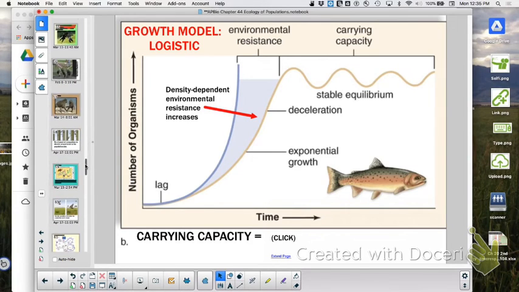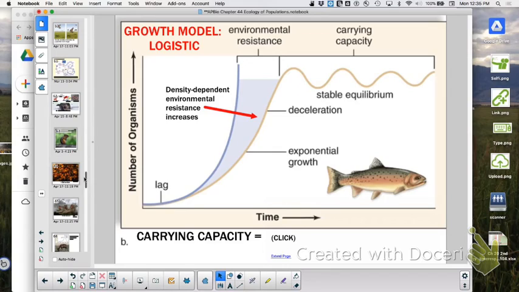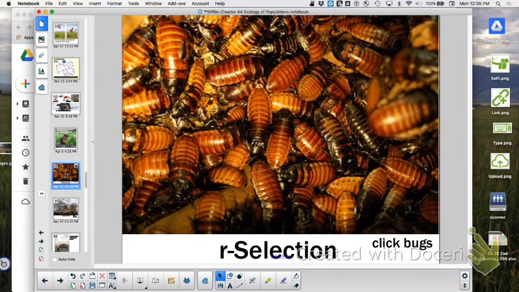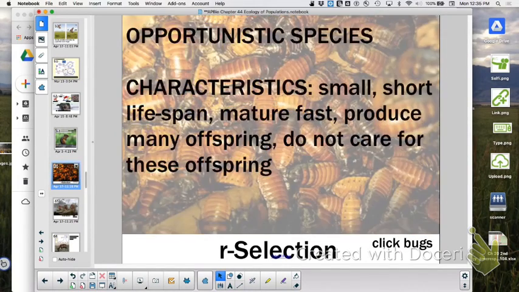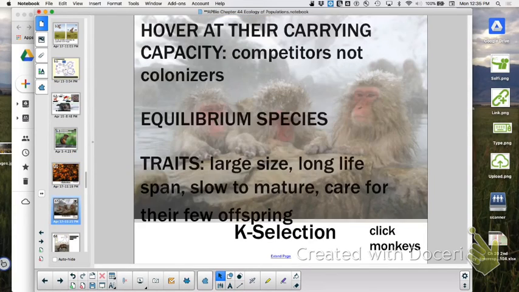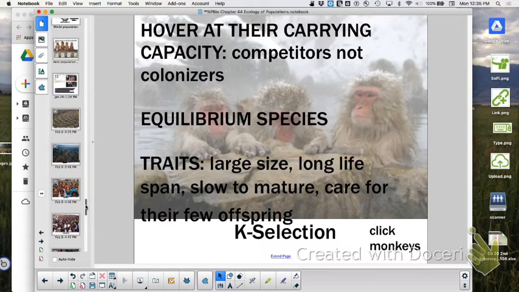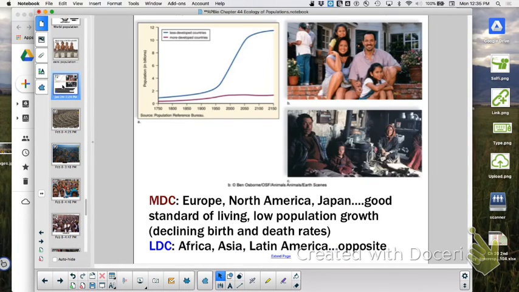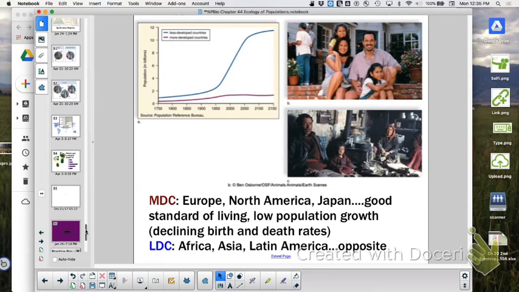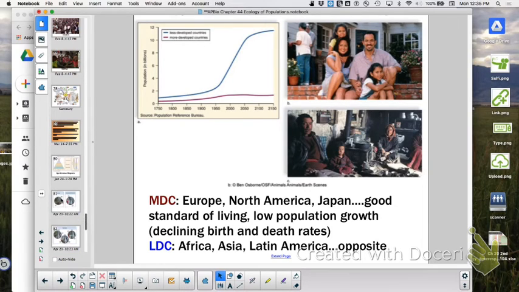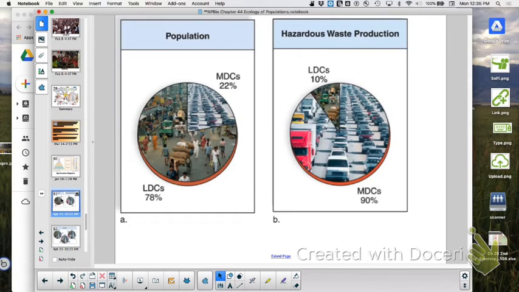We talked about R selected and K selected. Then we already did age structure diagrams. Who uses most of the resources? More developed countries. Who creates the most waste? We do. Okay.